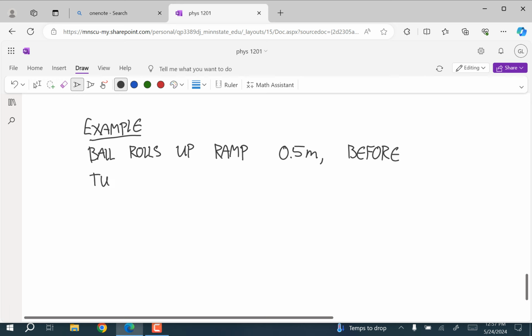Since it's rolling up the ramp, gravity will sort of slow it down. Eventually it'll reach a highest point, and then it'll turn around and roll back down the ramp. So it rolls up the ramp 0.5 meter before turning around and rolling back down.